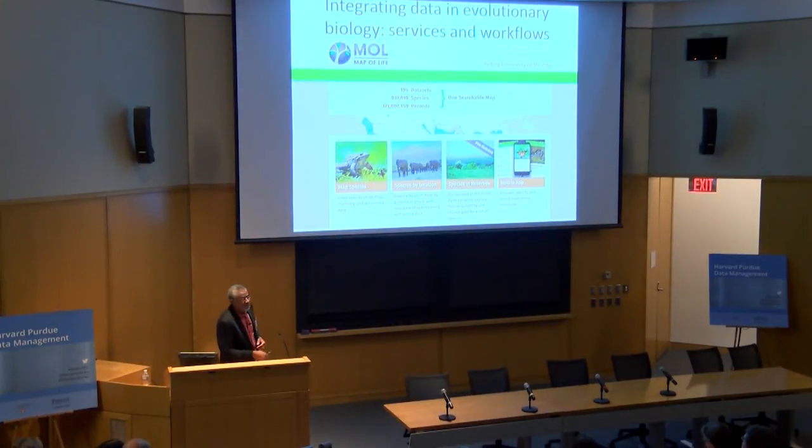Another very exciting tool, which was just made public a few weeks ago, is called the Map of Life. I encourage you all to download this and put it on your iPads and your iPhones. As you can see here, it's integrating almost 200 different databases, allowing folks to traverse data in a way that wasn't possible before.